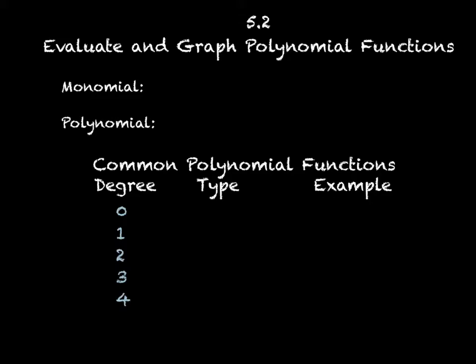Monomial. A monomial is a number or a variable or a product of them.